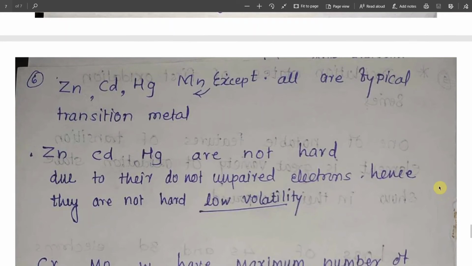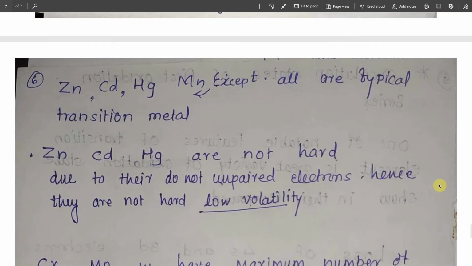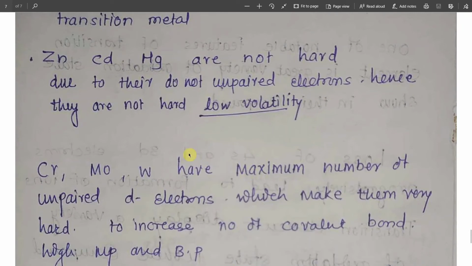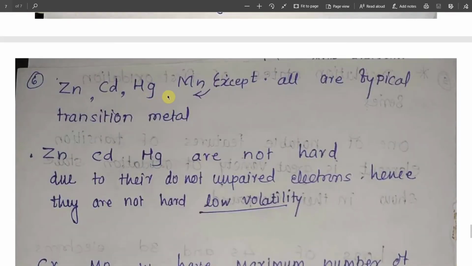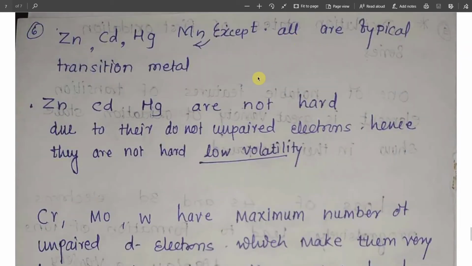So they are not hard, because they do not have unpaired electrons, while the others have unpaired n-1 d electrons and show hardness. Chromium, molybdenum, and tungsten have the maximum number of unpaired d electrons, which makes them very hard by increasing the number of covalent bonds, and due to this they have very high melting and boiling points. We have to observe zinc, cadmium, and mercury.